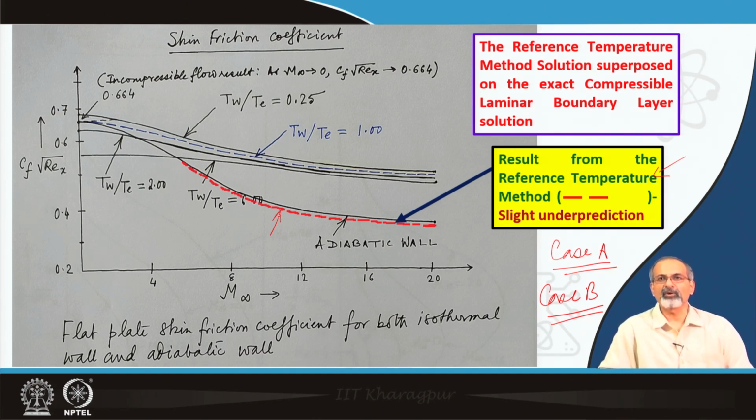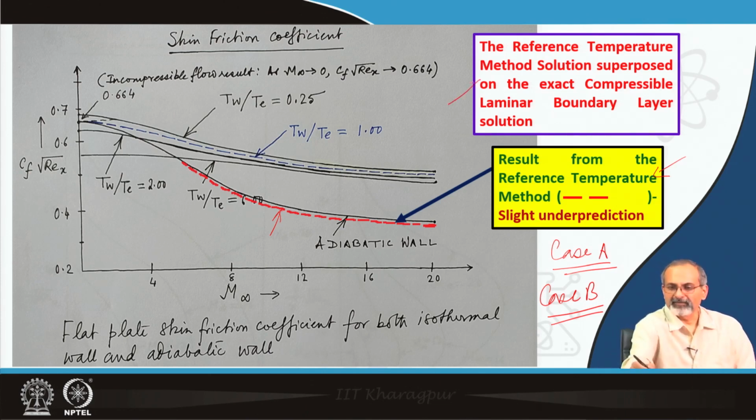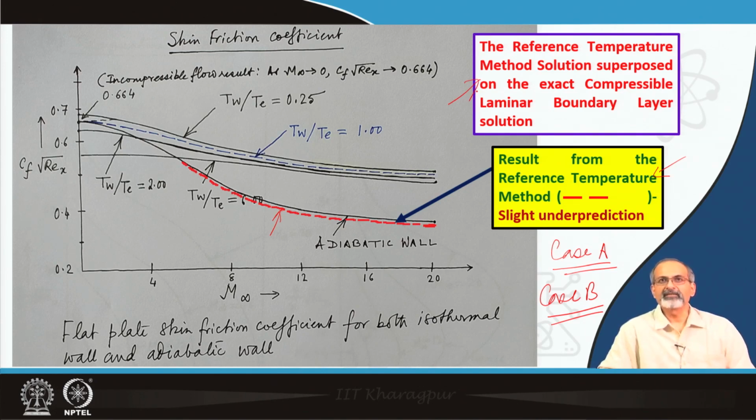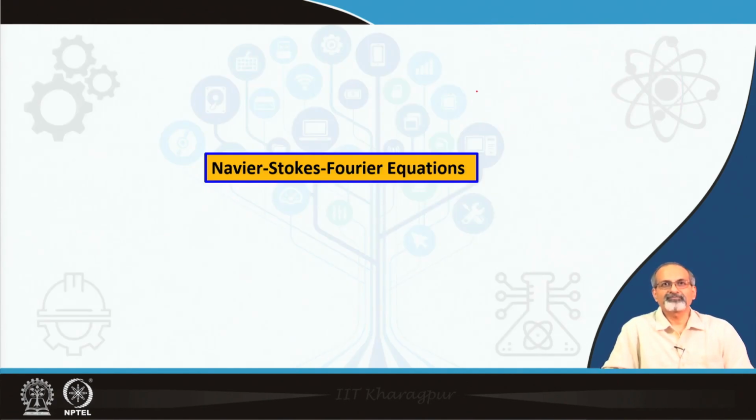We have seen through the problems that we worked out also, the numbers that came out were slightly under predicting the values from the solution of the ODEs, but nevertheless it is an extremely important and useful engineering tool. So, with that we move on.